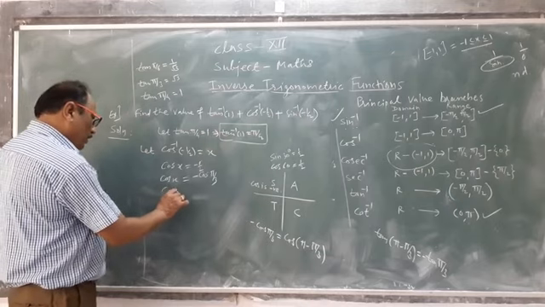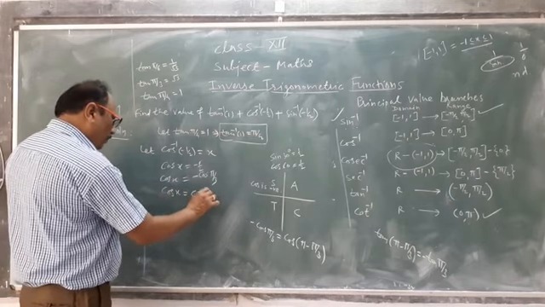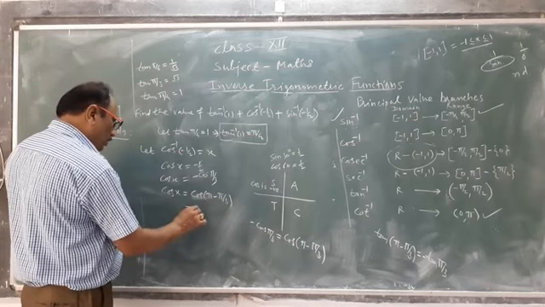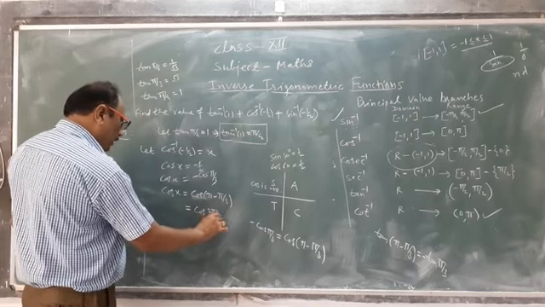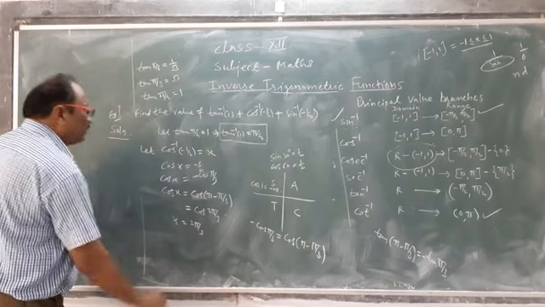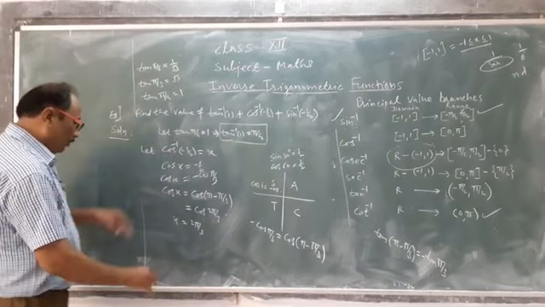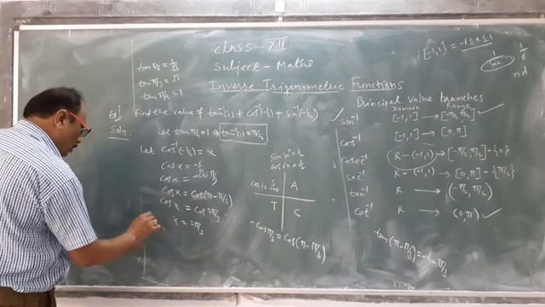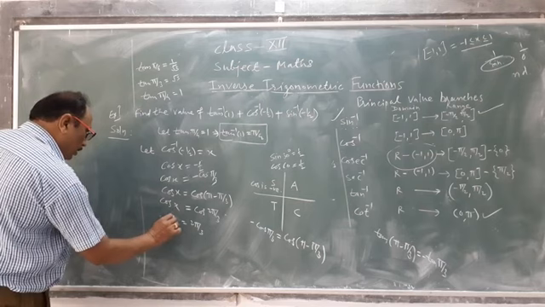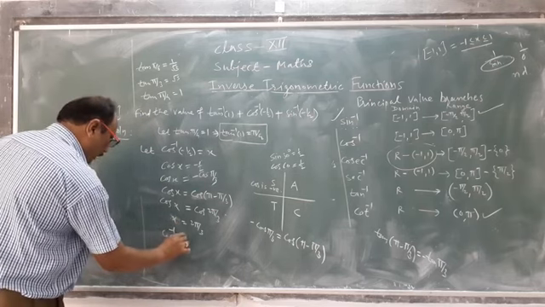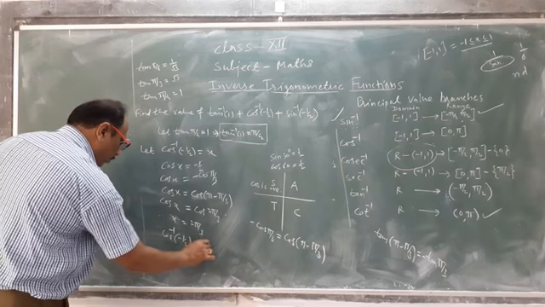Therefore, cos x is equal to cos of 2 pi by 3, which means x is equal to 2 pi by 3. What is x? x is cos inverse of minus 1 by 2, which is equal to 2 pi by 3.